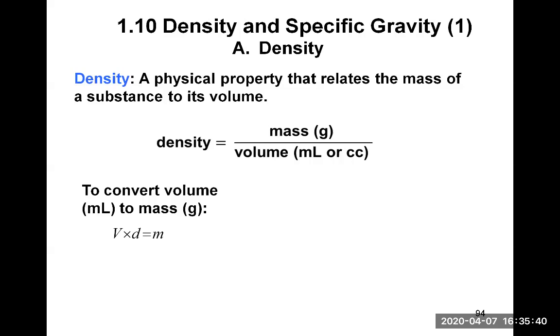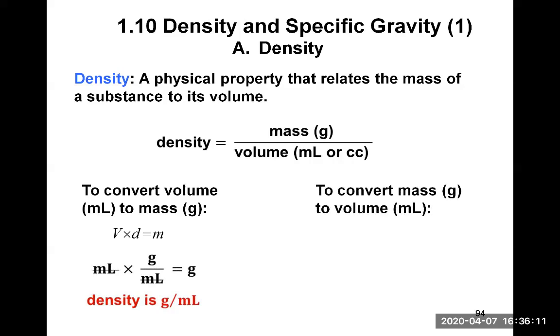The volumes cancel and you're left with volume times density equals the mass. Looking at this in units, volume will need to be expressed in milliliters if density is in grams per milliliter. The milliliters cancel and you're left with grams, so it makes sense that you obtain the mass in grams.